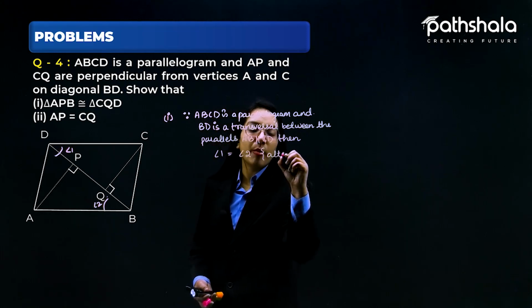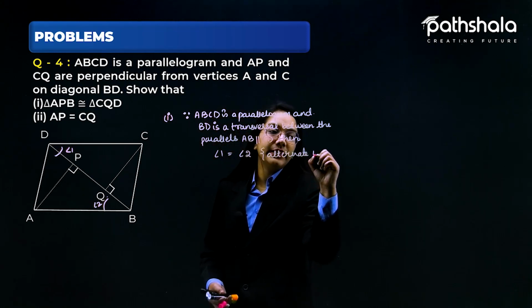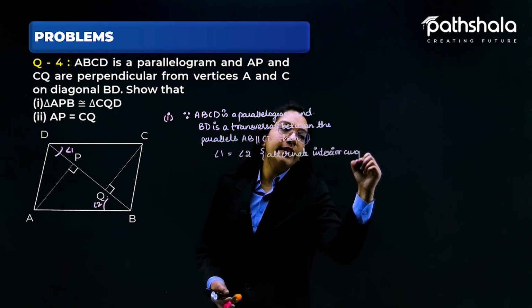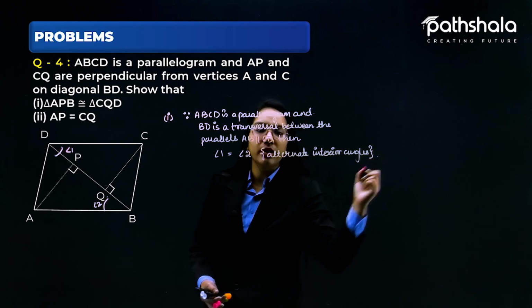Why so? Because they form a pair of alternate interior angles. So they are alternate interior angles, that's why they are equal to each other.